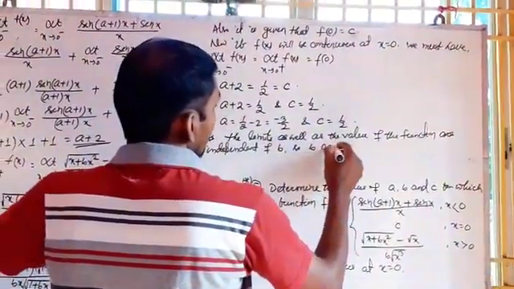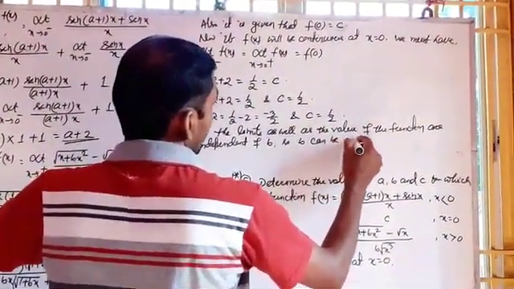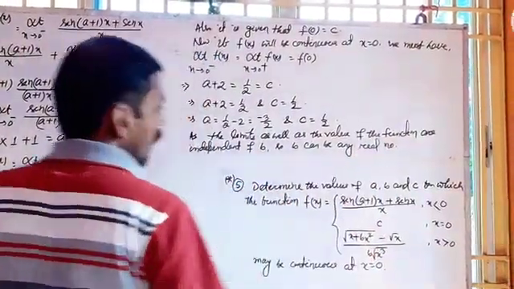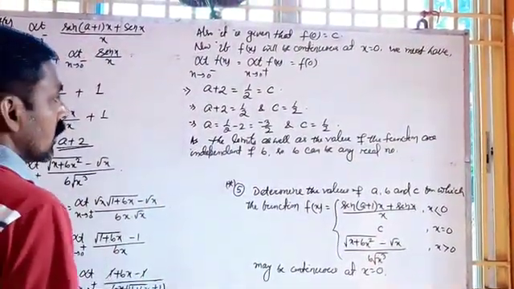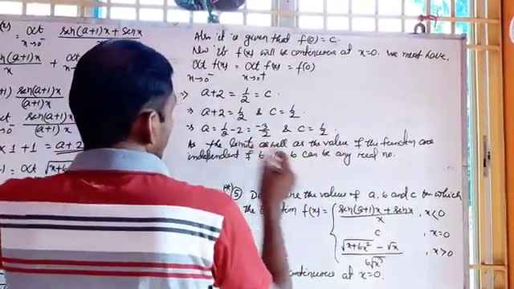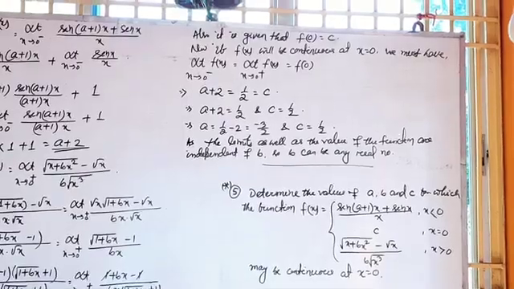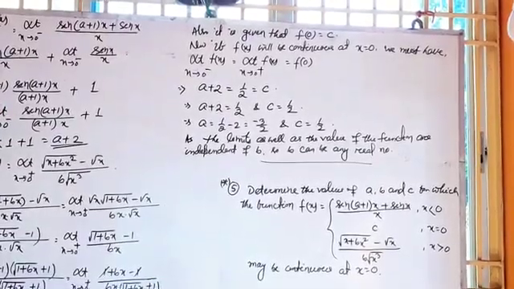So b can be any real number. So these are the values of a, b and c. a is minus 3 by 2, c is 1 by 2 and b is any real.